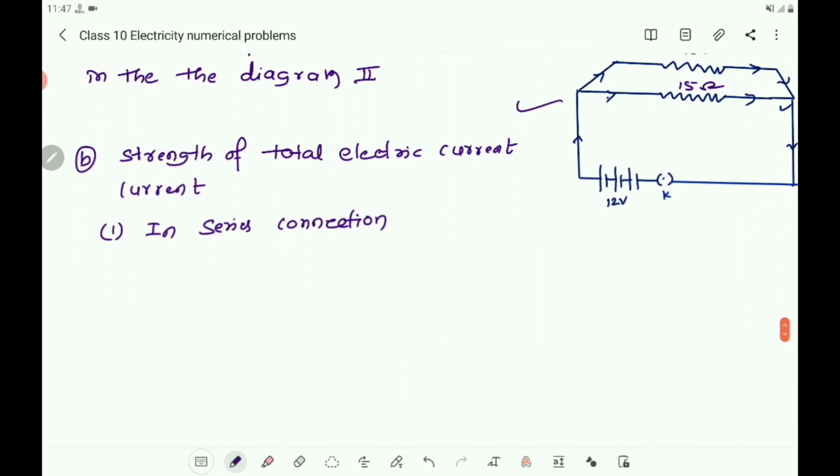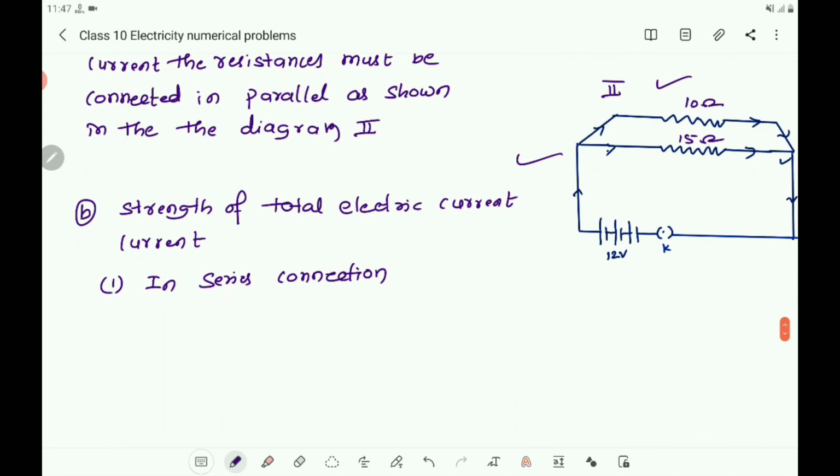So total resistance R equals R1 plus R2, that is 10 plus 15 equals 25 ohm.